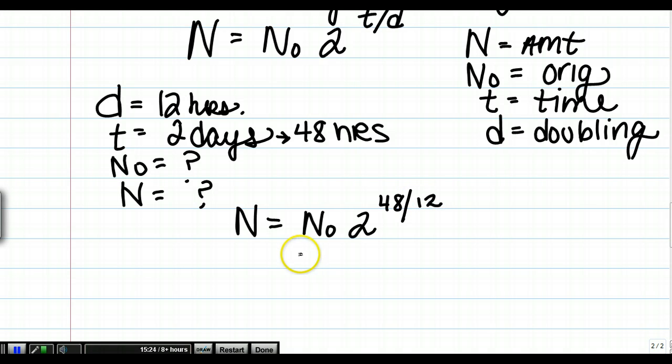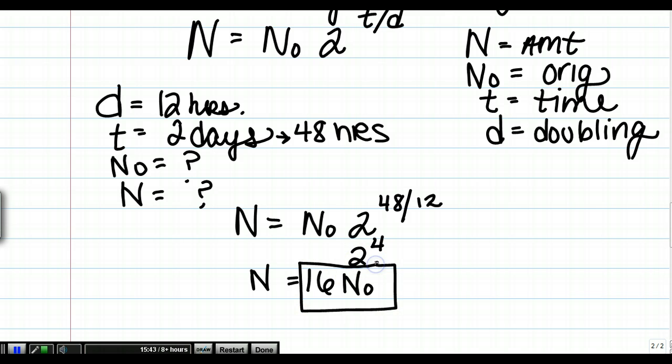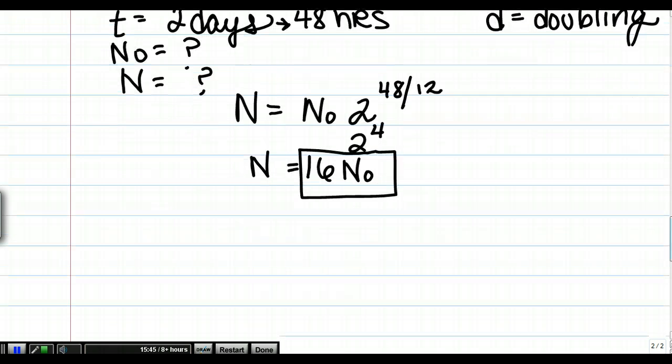So we're going to have 2 to the 4th power, which is 16. So we have 16 times N naught, because we don't know how much we started with, would equal our final answer. So you can leave your answer in terms of N naught if it doesn't give you enough information.